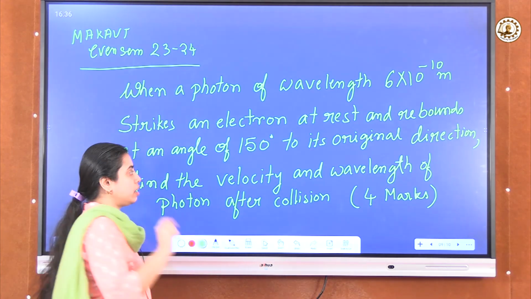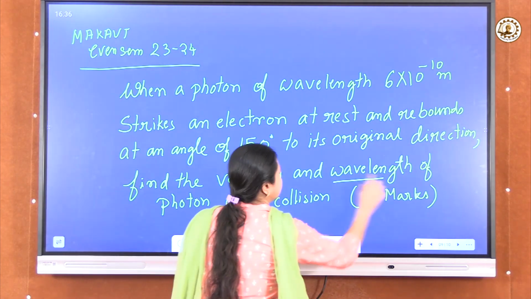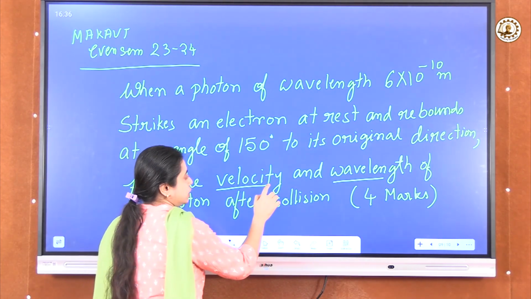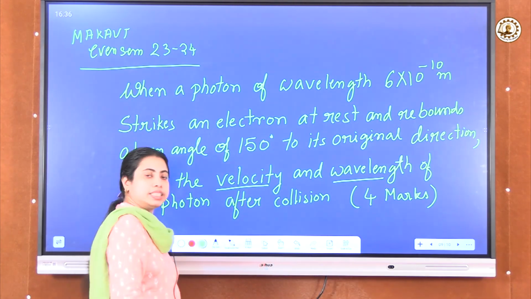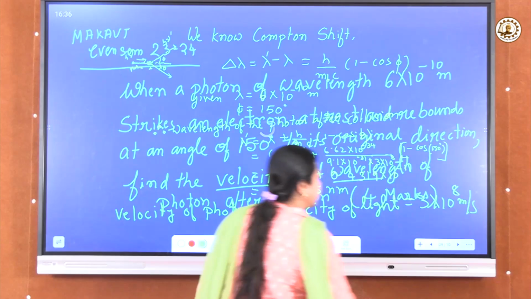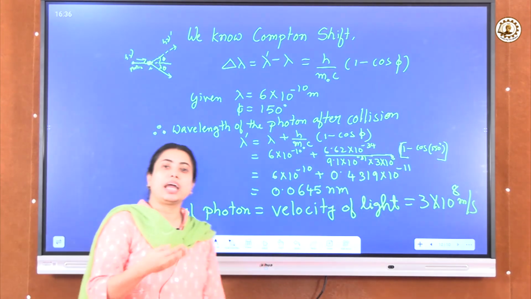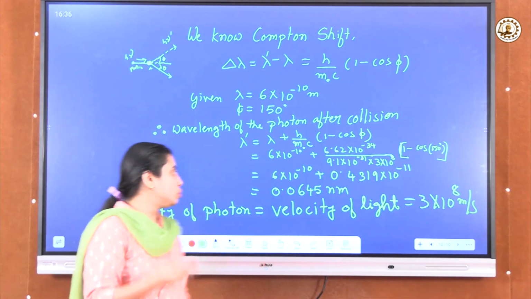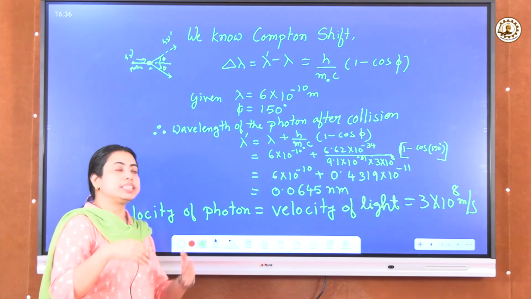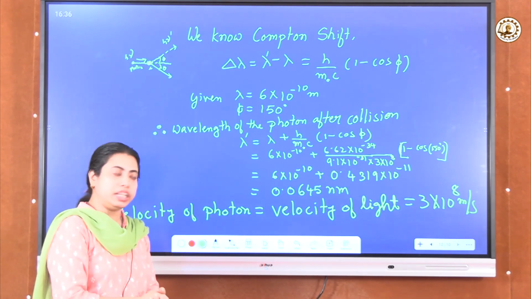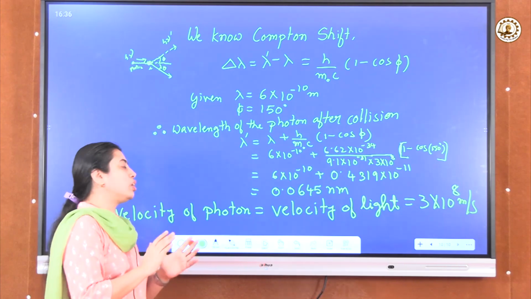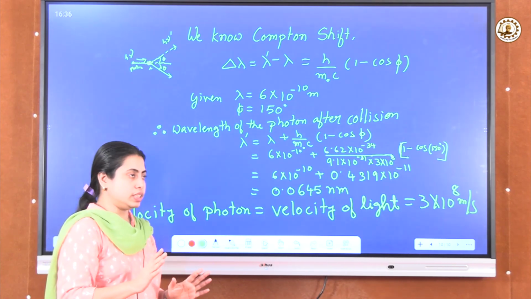The second part of the question has two parts: one is wavelength and another is velocity. Wavelength we have calculated. What is the velocity? Remember one thing, the question is about a photon. So whether the photon is traveling before or after collision, the velocity of the photon never changes.